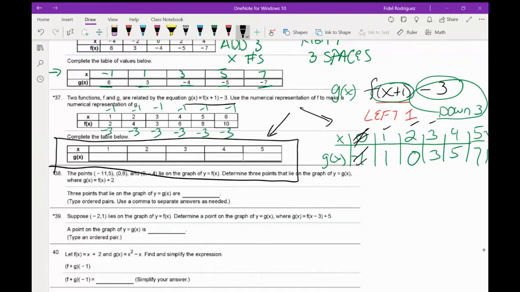You see how we got the 1, 2, 3, 4, 5? So all I'm going to do now is fill in those numbers right there. So I'm going to put 1, 0, 3, 5, and 7. And that's really all I need to do for number 37.